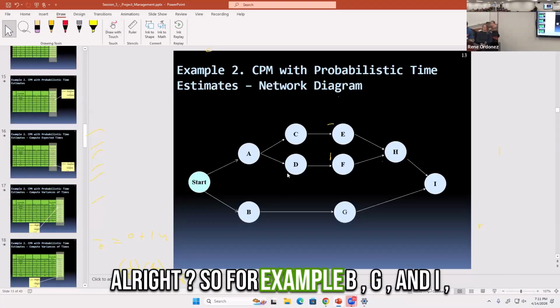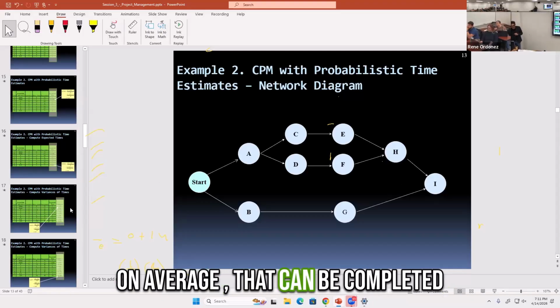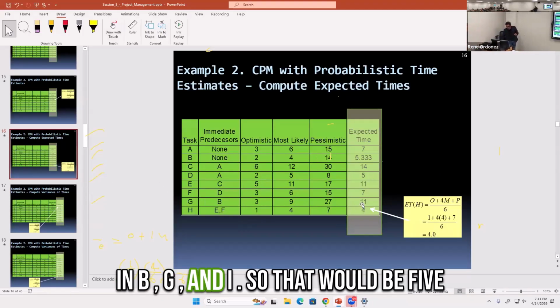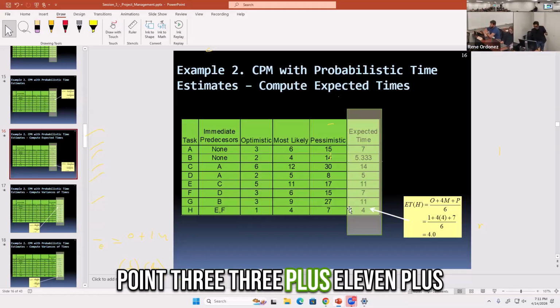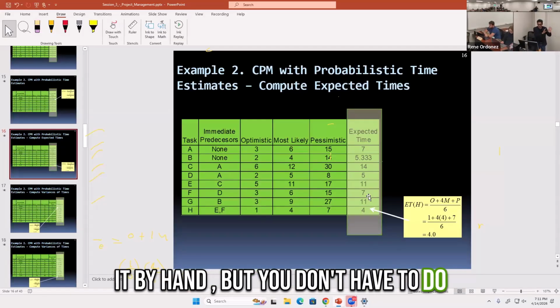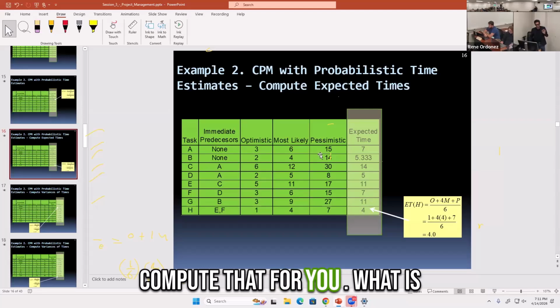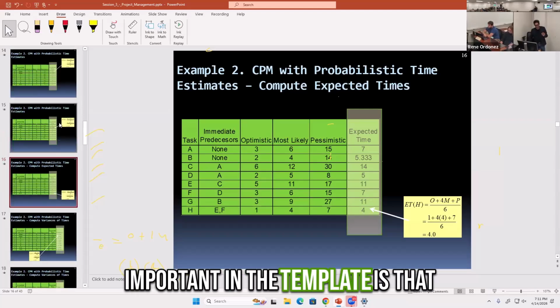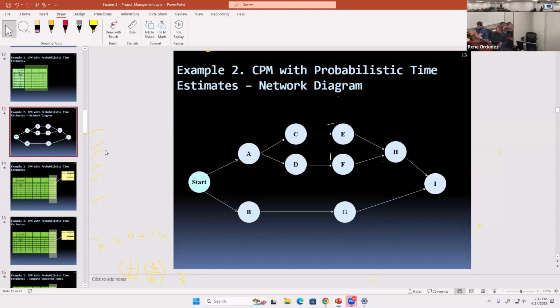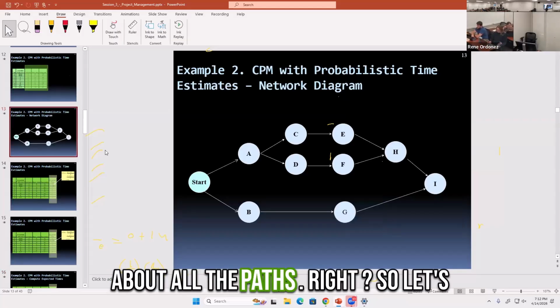For example, B, G, and I can on average be completed in 5.33 plus 11 plus 4. Again, you don't have to do that by hand because the template will compute it for you. What is important in the template is that you identify all the paths correctly.